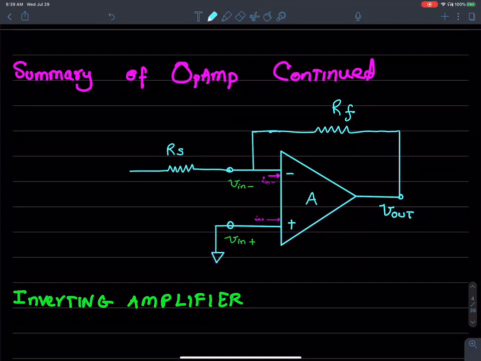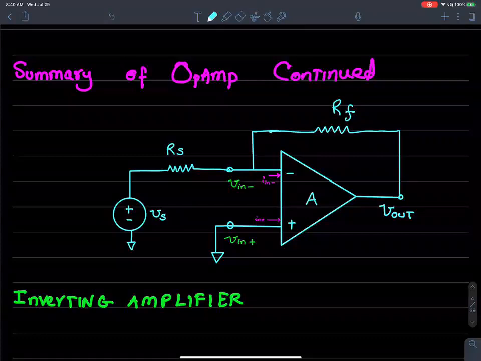The positive input terminal is tied to the ground, and I apply a voltage source, plus, minus, Vs, to the negative input terminal here. See what I'm doing?